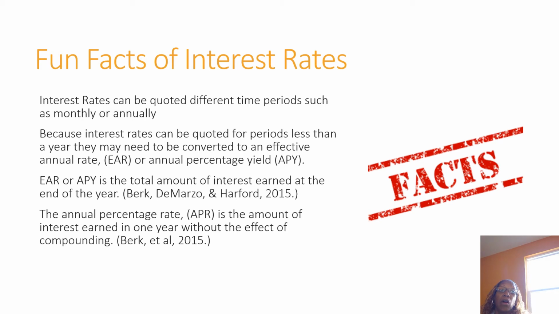If it is an EAR or APY, it's the total amount of the interest earned at the end of the year. The annual percentage rate is the amount of the interest earned in 1 year without the effects of the compounding.